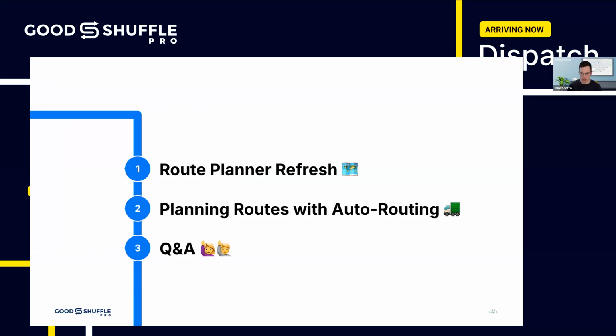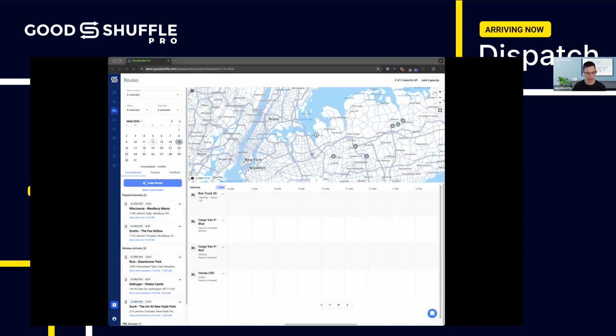The first poll question that I have for you guys: have you used Dispatch yet? As I get my screen sharing changed over here, I want to know if you have used Dispatch yet. Go ahead and answer that. Changing over my screen sharing here to get to my route planner. I'll give you another 30 seconds or so to answer.